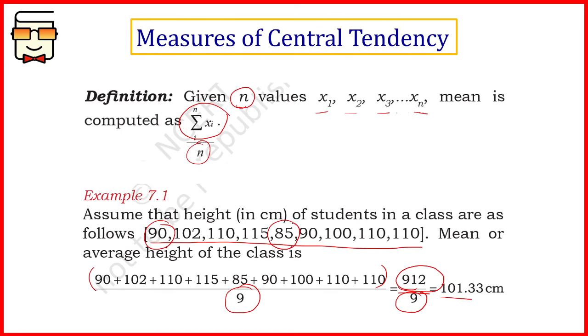So these are the values that are close to 101, and there are certain values that are higher than 101 also lying on the other side, like 110. But again, the mean is a representative value. It balances and it represents all the values present in that attribute.